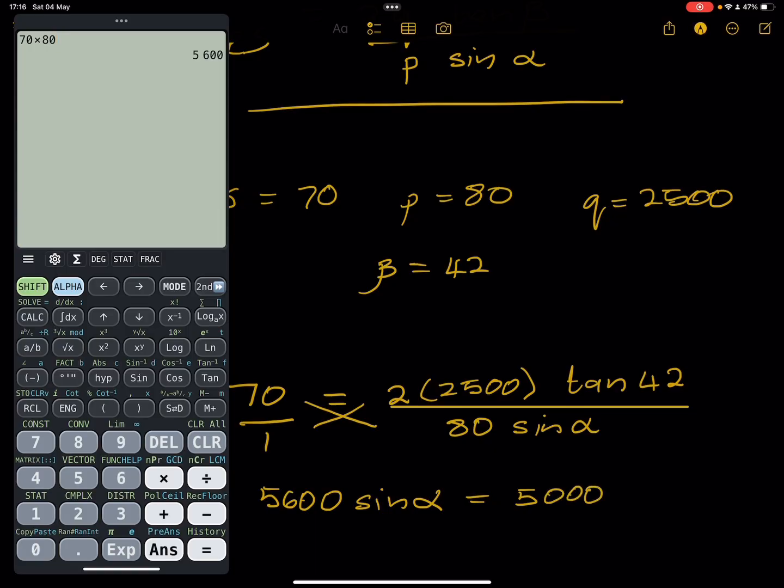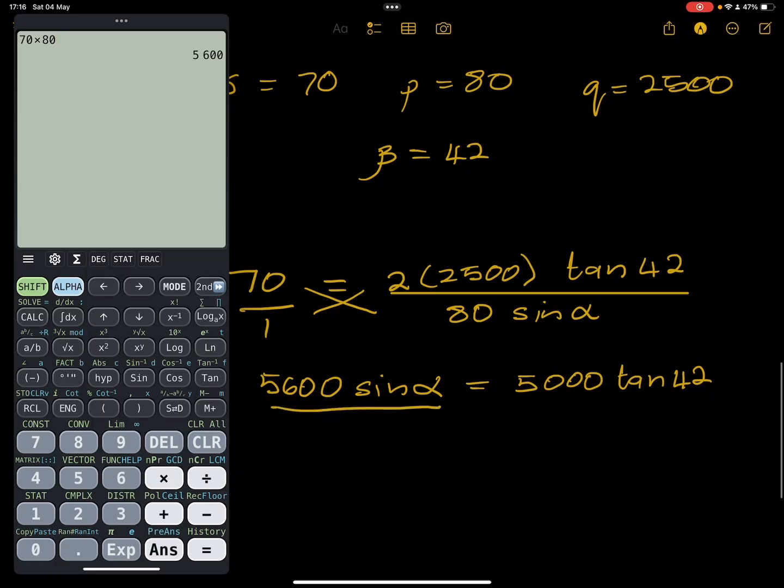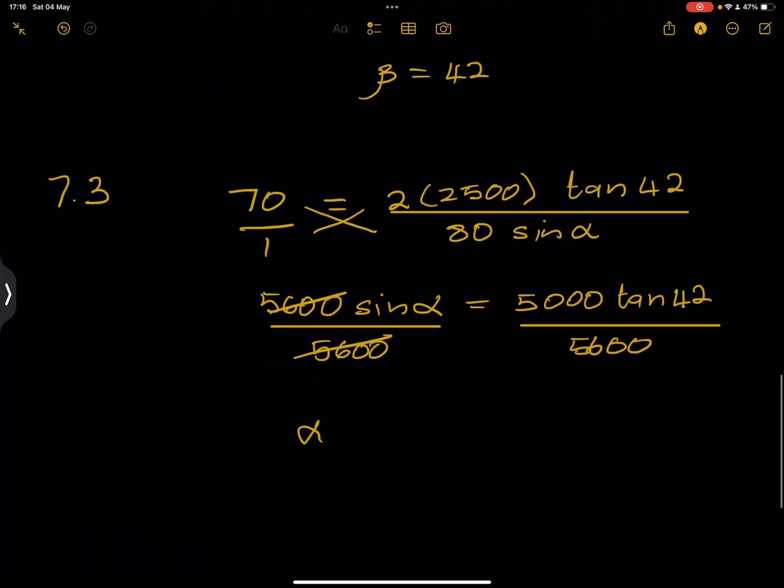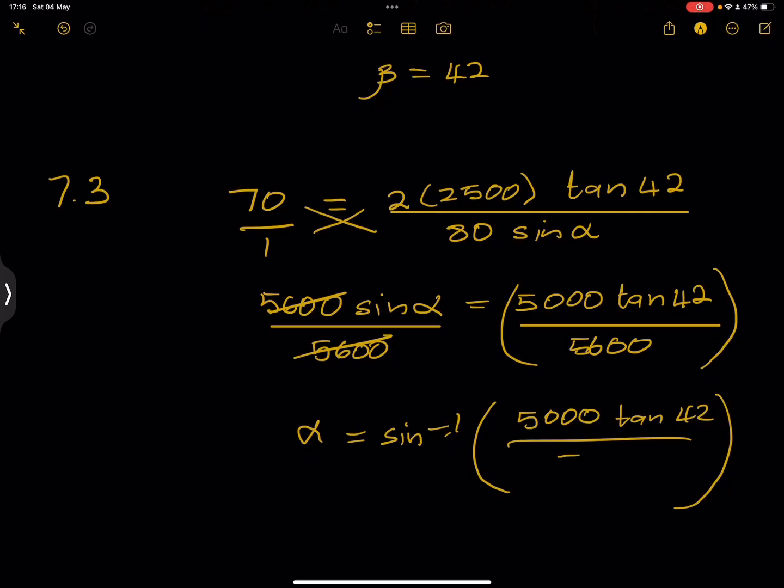which is equal to 5,000 tan 42, and this is divided by 5,600, and this is also divided by 5,600, so that cancels with that. And to find alpha, we are going to take the arctan of that entire situation there, so of 5,000 tan 42 over 5,600.